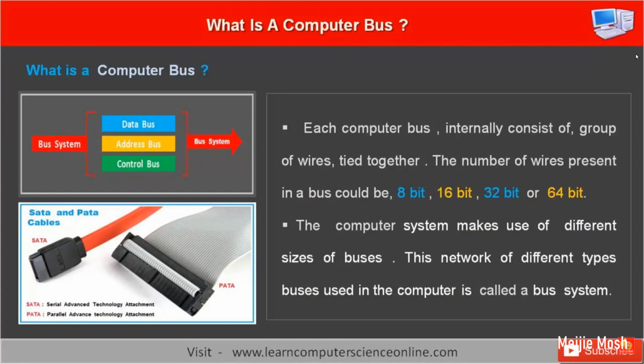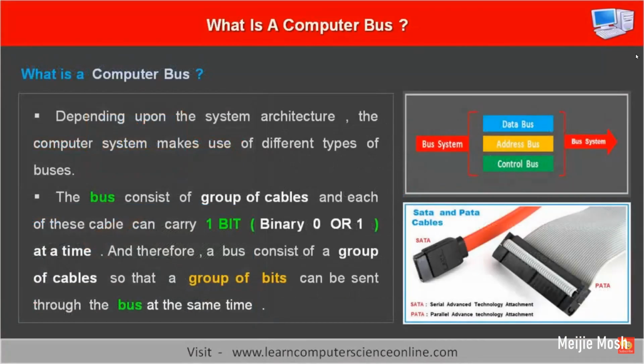The number of wires present in a bus could be 8, 16, 32, or 64 wires. The size of a bus is measured in terms of its bus width, which indicates the number of wires present in a bus. A computer bus with 64 wires is called a 64-bit bus.